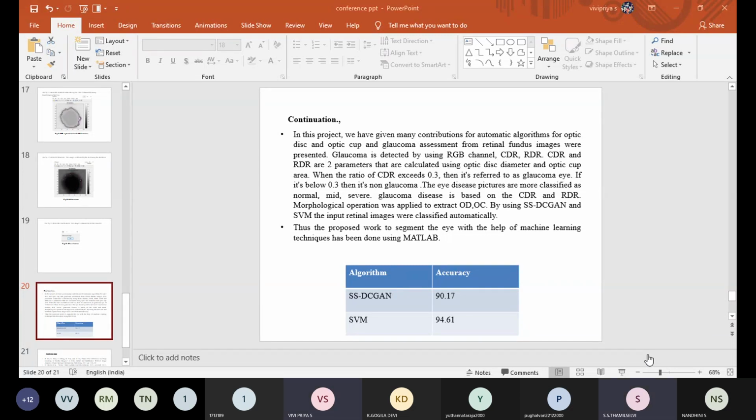But how are you fixing that? Once it is affected, does that disc to cup ratio get changed? Yes, ma'am, it will change. So what is the CDR ratio of your image that you have detected as an affected image?